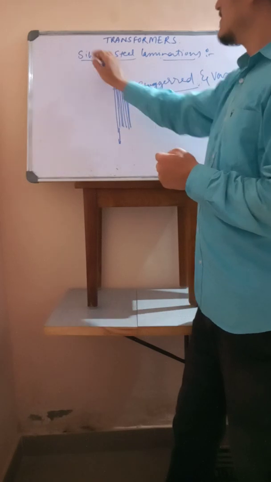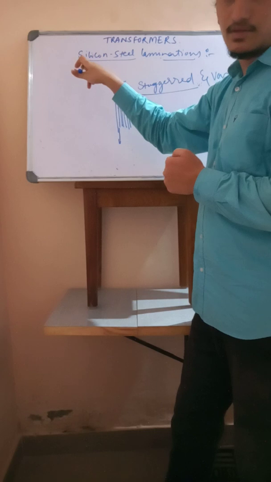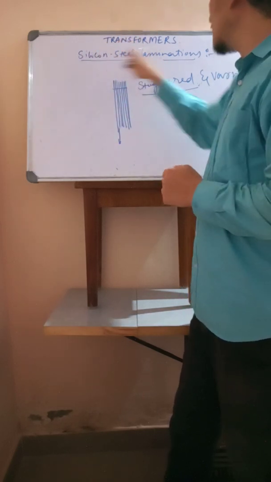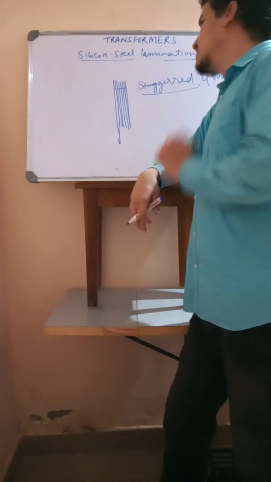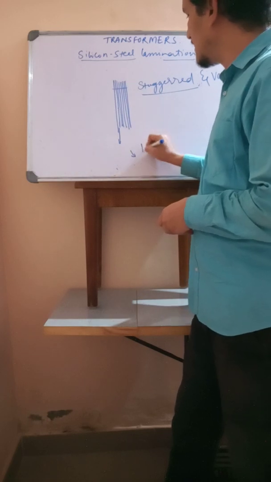Each scale is made up of silicon steel, and all are staggered to form the silicon steel lamination. Why have I done the lamination like this? To reduce the area.